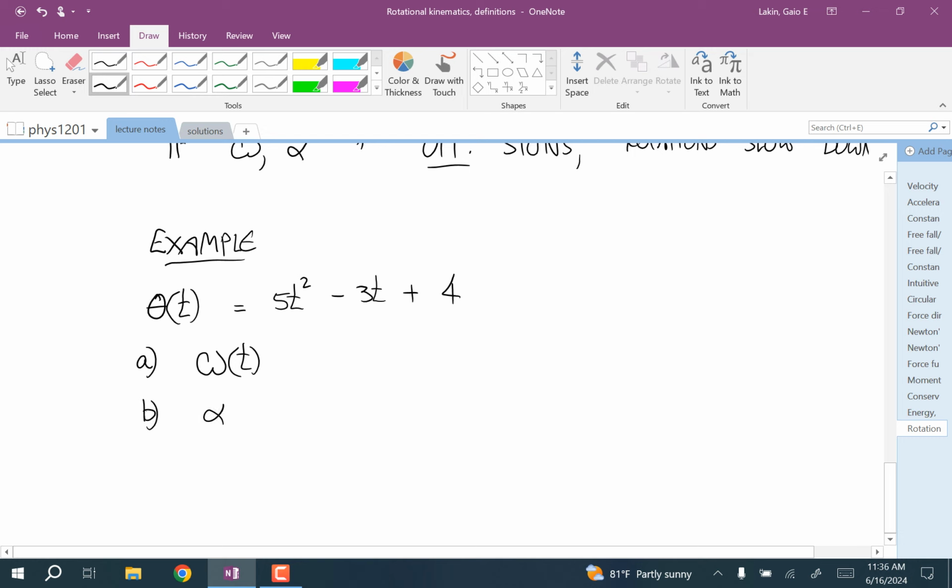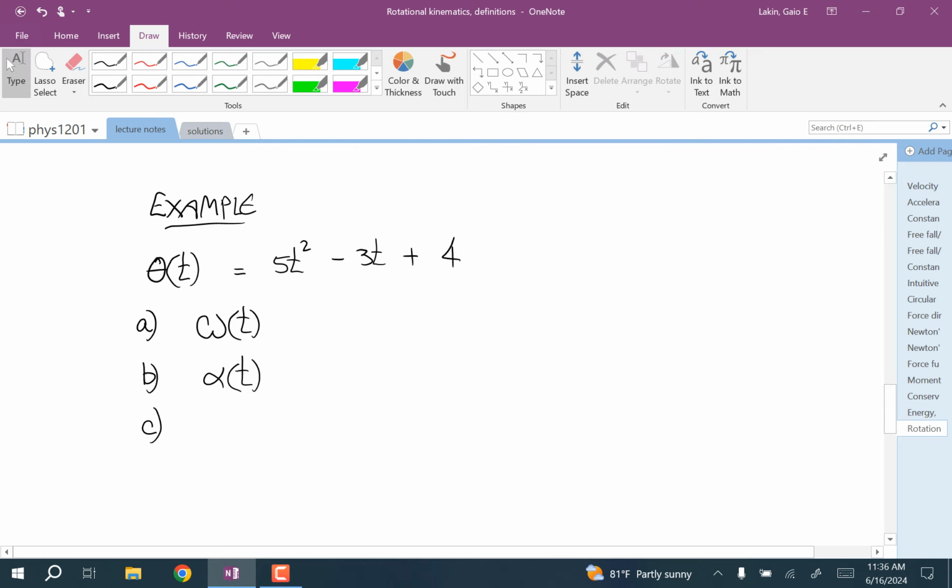Second, we want to know the angular acceleration as a function of time. And then third, at a specific time, at time 0.5 seconds, what direction of rotation do we have, and is it speeding up or slowing down?